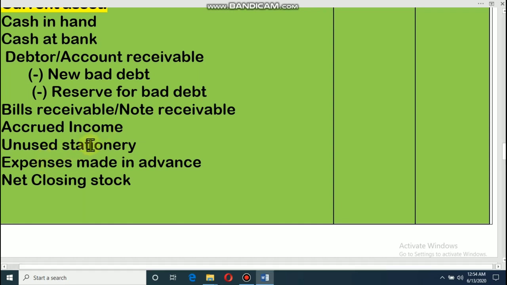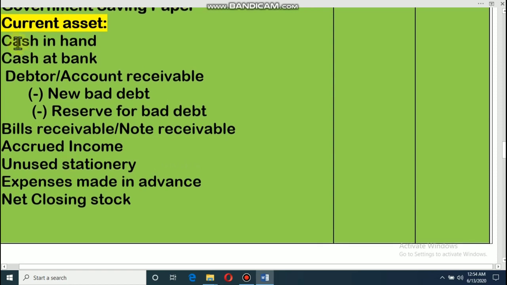Then unused stationery. That means stationery you have purchased and some stationery is yet left, which we can use next year. Then it is also a current asset. Expenses made in advance: if you pay salary to the worker for next year in advance, then it is also an asset. And closing stock.